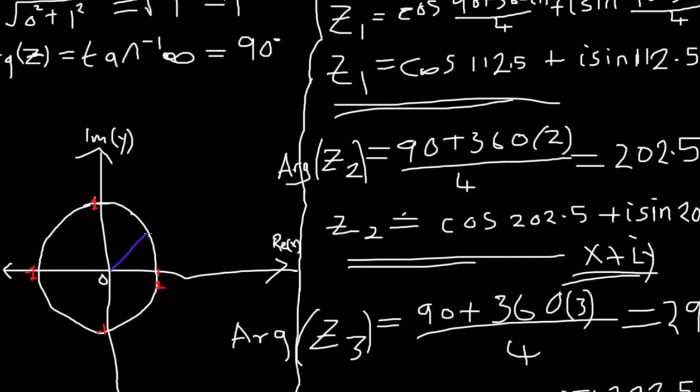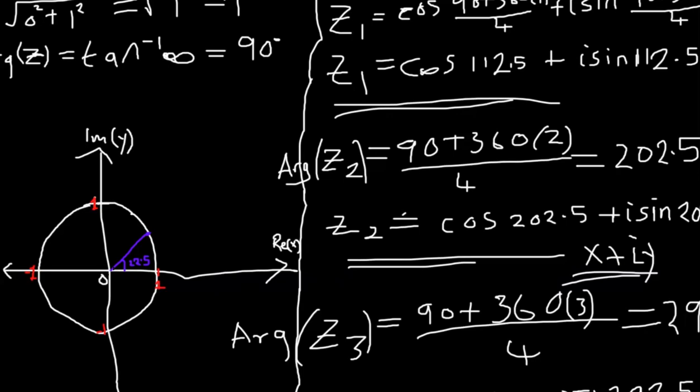Make sure that it doesn't exceed the circle, because it shows that your magnitude is 1, and then the argument is 22.5. That is going to be your argument like that. And then from there, you are going to measure 112.5.